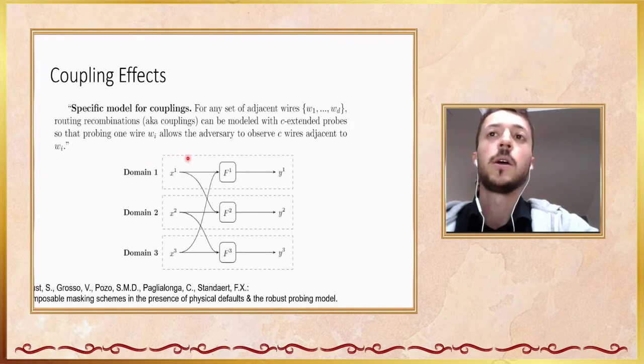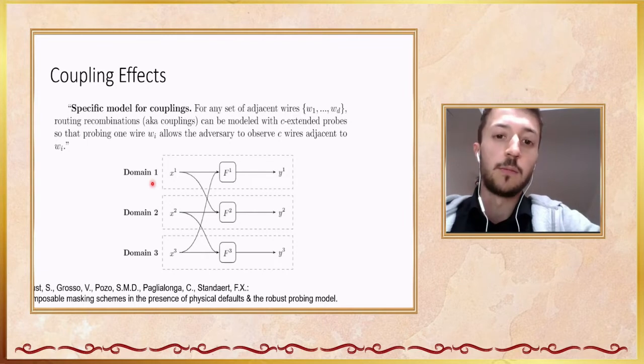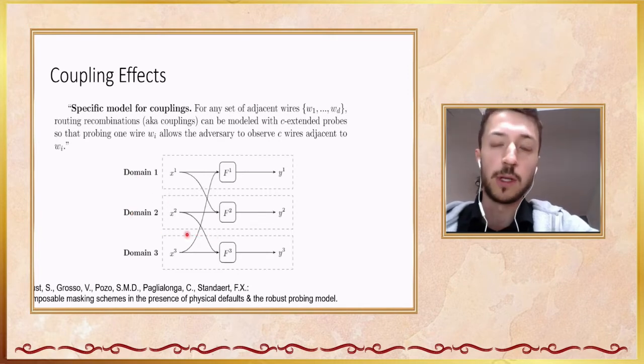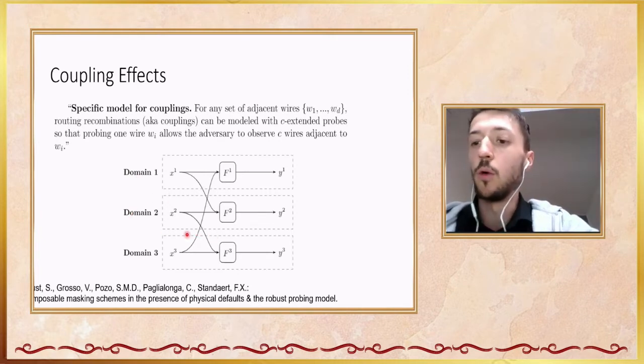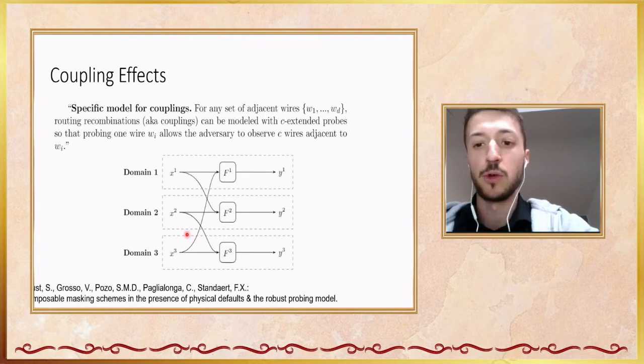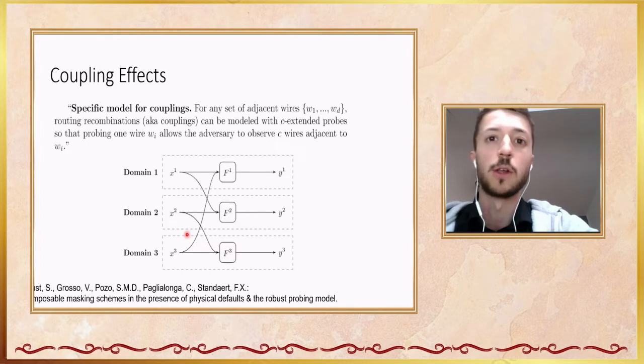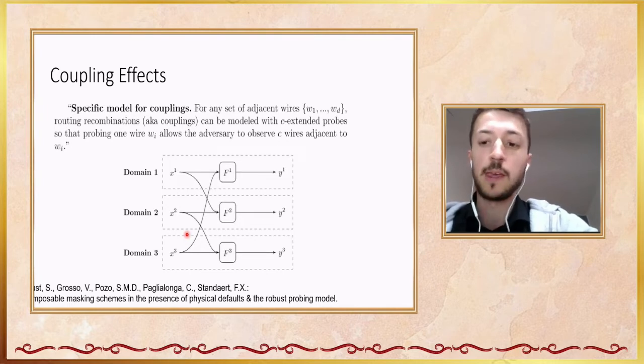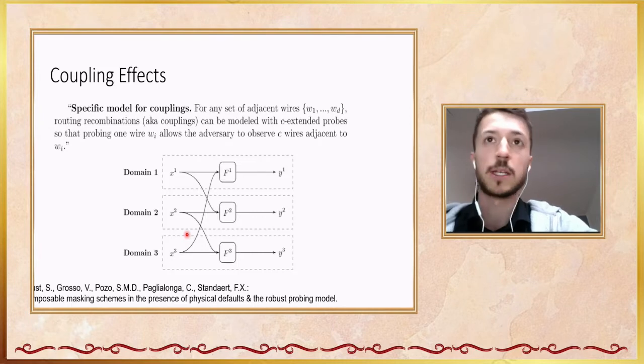That means that, let's say you have these 3 domains here, either you're running them in a temporal non-complete way, so in the first cycle you would calculate domain 1, and the second cycle domain 2, and then domain 3, or you have separate VDD lines somehow to separate your domains. This is just technology we assume is present. The question in our work is, can we define some small number of domains and prove that if those domains exist, our masking is secure?